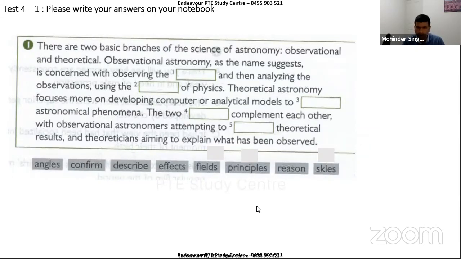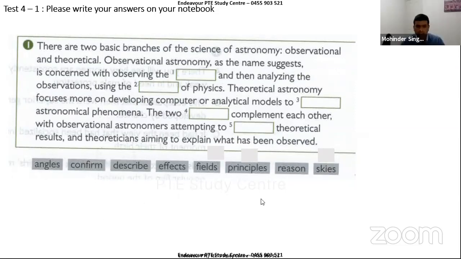Sashikala, only one answer? No, actually I've typed wrong already, so I redo again. Wait, yeah. Wow.